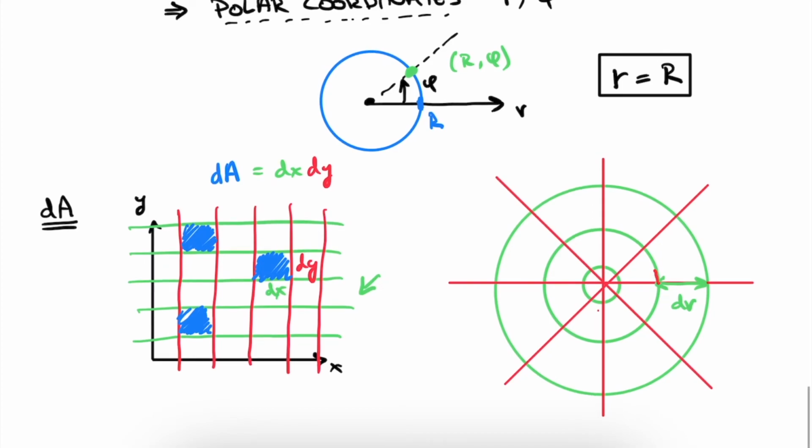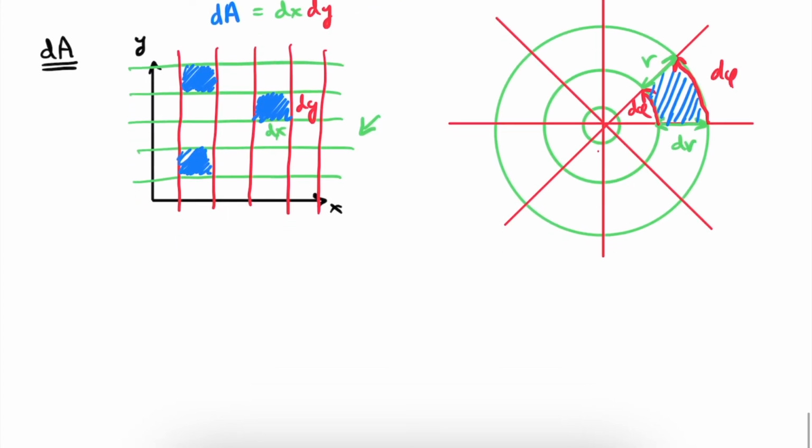And the infinitesimal element in the angle direction will be this one. And thus we see that the infinitesimal surface in polar coordinates will be this surface. So this is the surface that we need to calculate. It's basically bounded by two infinitesimal elements in the angle direction and two infinitesimal elements in the radial direction.